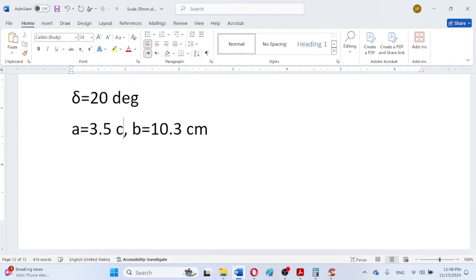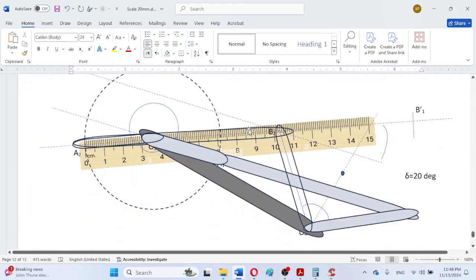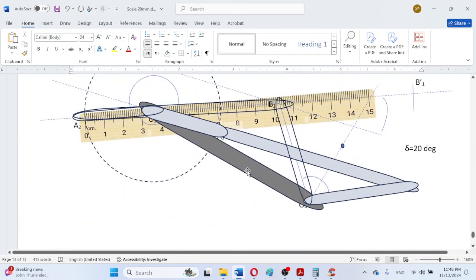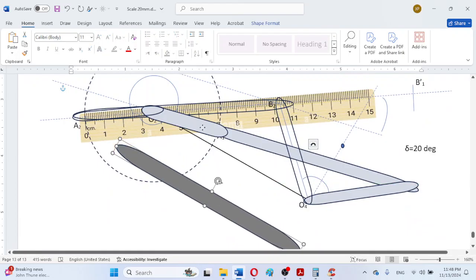Here A is equal to 3.5, and now the length of D. Let me move this shade out, and this link.